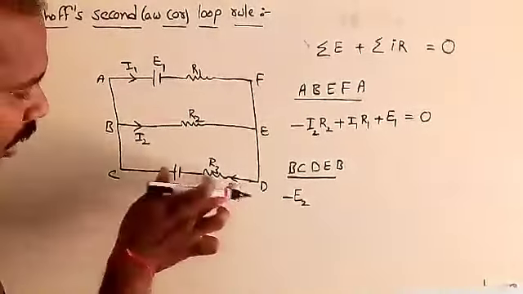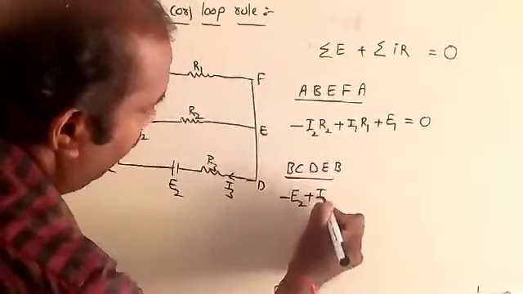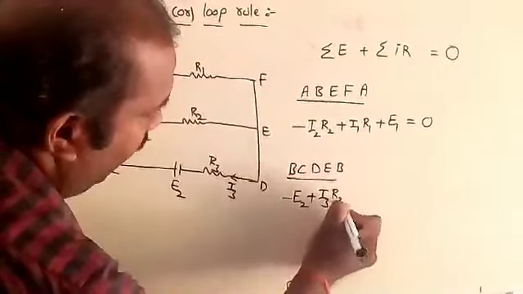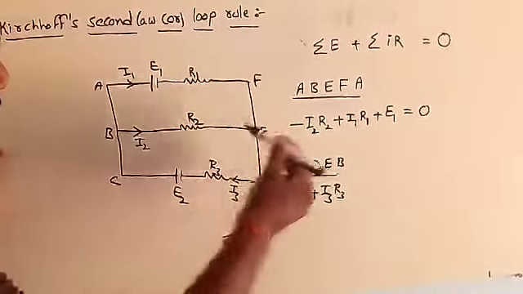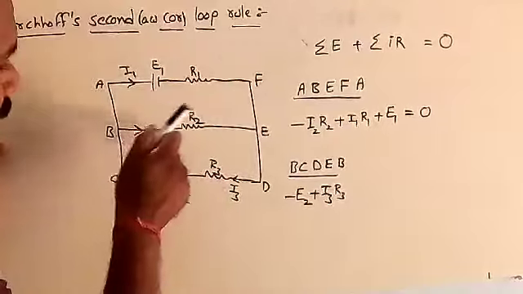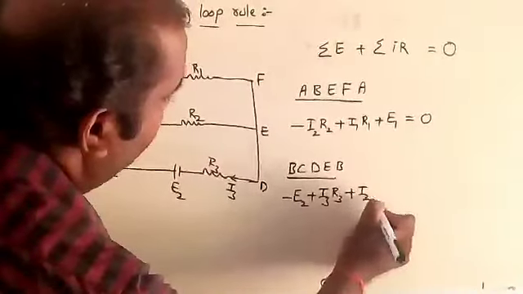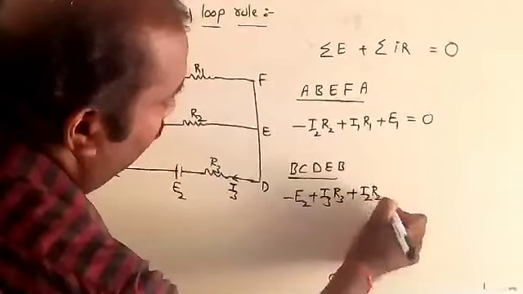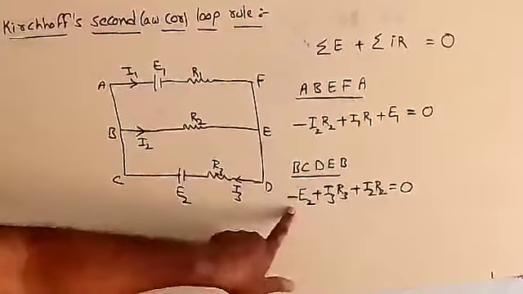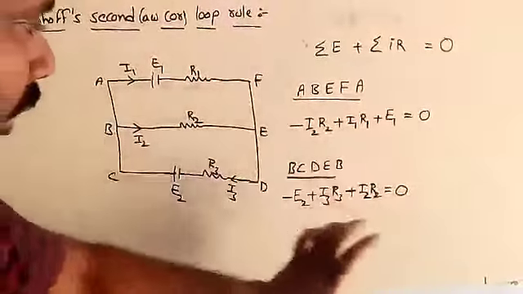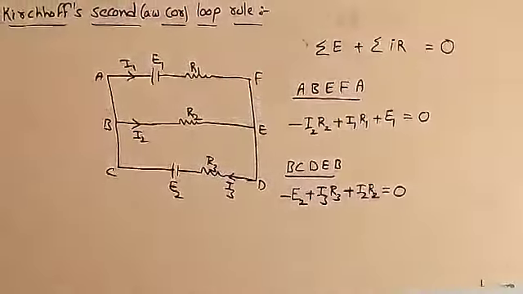Again you are traveling opposite to the direction of current, so that is the reason here it will be I3 R3. And D to E, nothing is there, and again E to B, you are traveling opposite to the direction of current, so again here it will be plus I2 R2. Again the sum is equal to 0. See here, EMF and potential drops, but total value is equal to 0. Now this second law statement is valid.